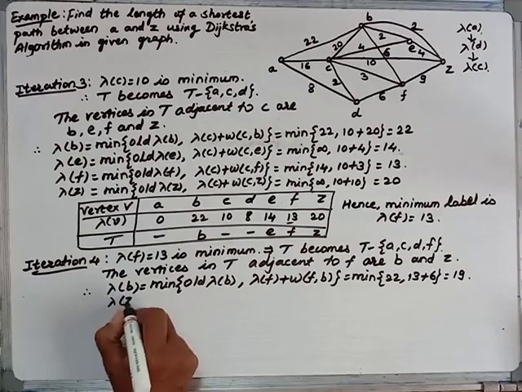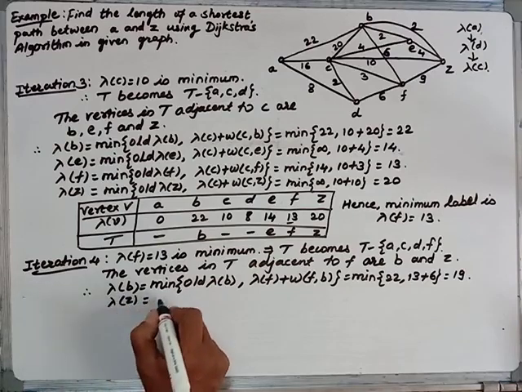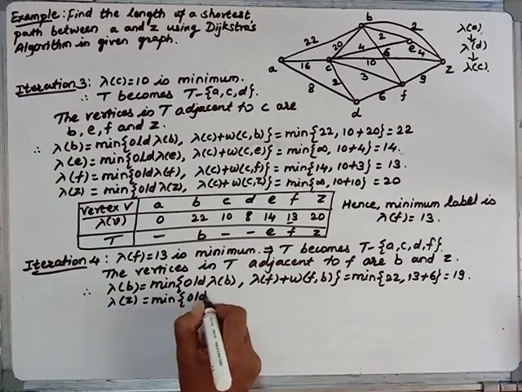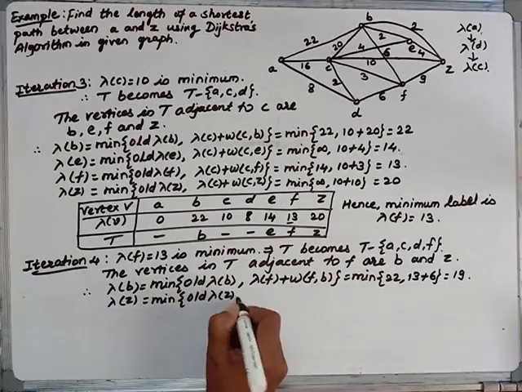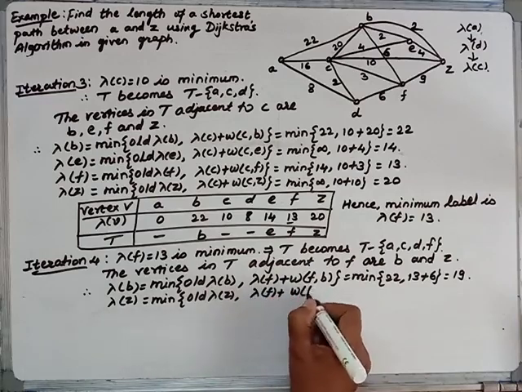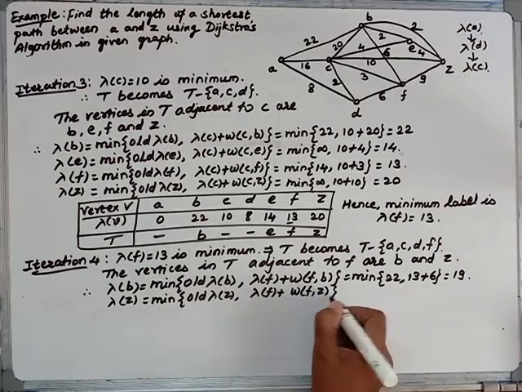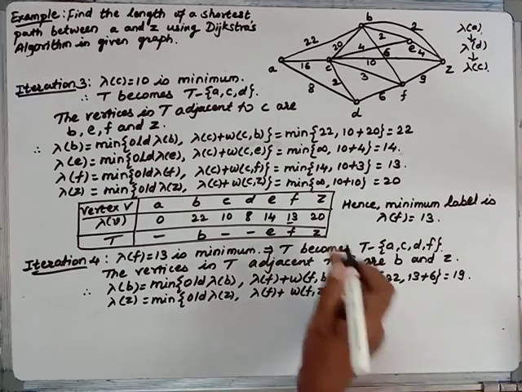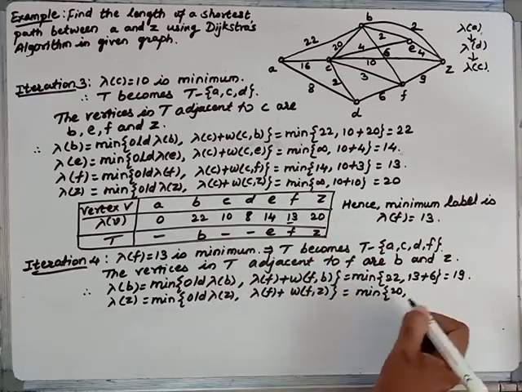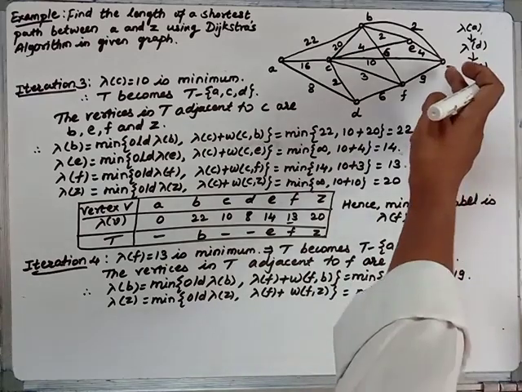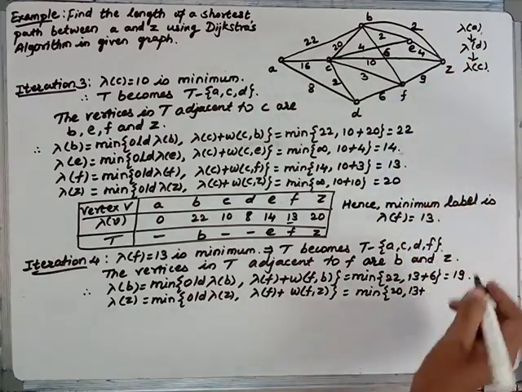Lambda of Z is the minimum of old lambda of Z and lambda of F plus weight of the edge from F to Z. Old lambda of Z is 20 and lambda of F is 13 plus weight from F to Z, which is 9.